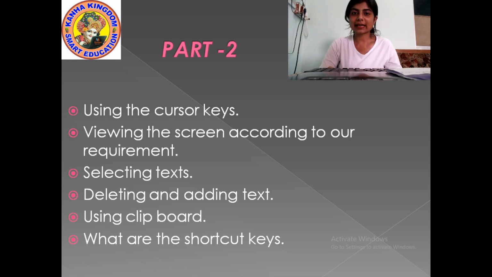Suppose you are writing a text and your cursor is in the upper sentence of the page that you have written. While pressing this down arrow key, that cursor will come down to the next line. Then there was the Home key.